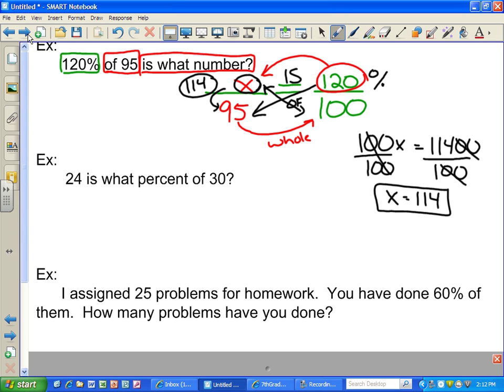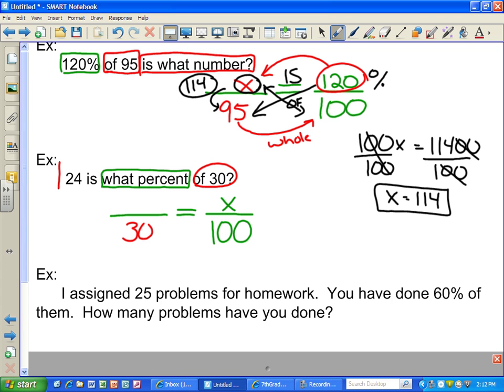And we'll do one more like this. Set up our proportion. First thing you should fill in is what goes over 100. So that's what we don't know. So that is your x. Then you want to look for keywords. Of 30, of goes on the bottom. 24 is goes on the top.